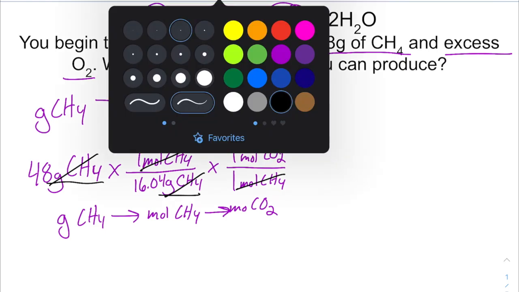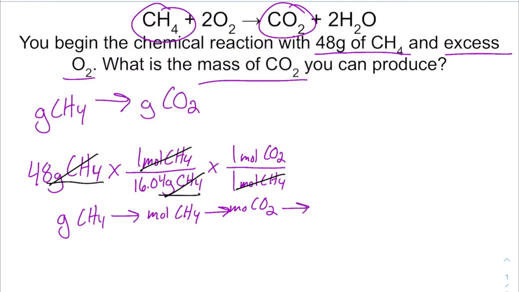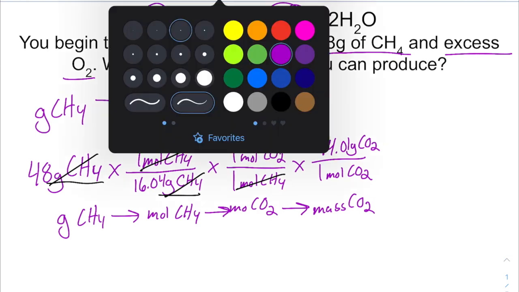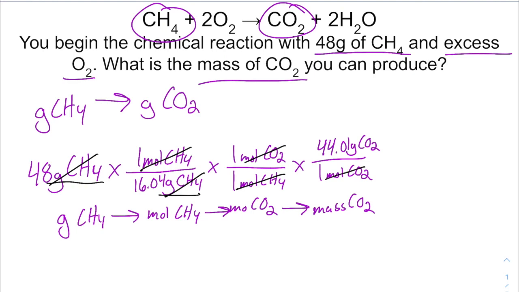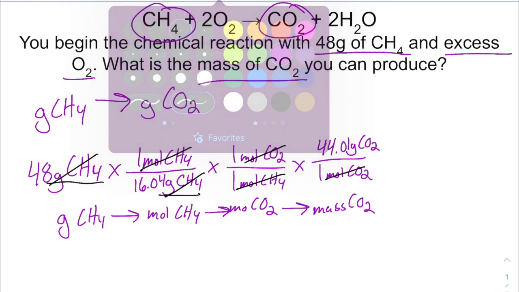And now I'm going to go on to my last step, which is going to take us to the mass of CO2. So we're going to use molar mass. 1 mole CO2, and the molar mass of CO2 is 44.01 grams of CO2. Again, just get the molar mass from the mass of C plus 2 times the mass of oxygen. Cancel out our units here, and all we have left to do now is to multiply.